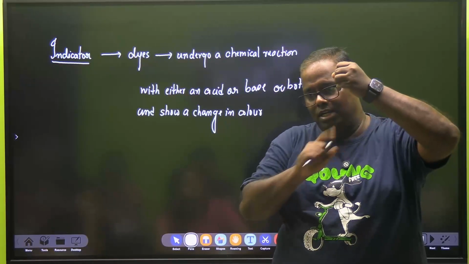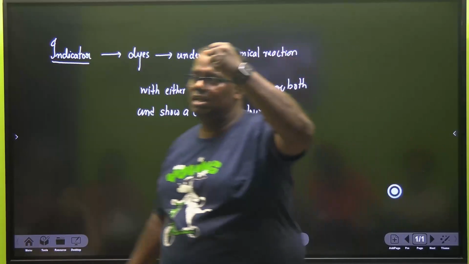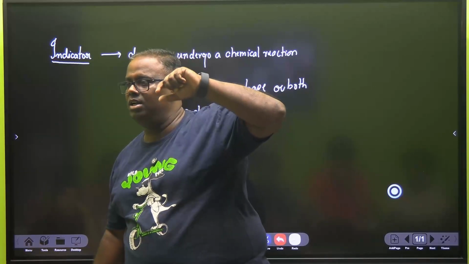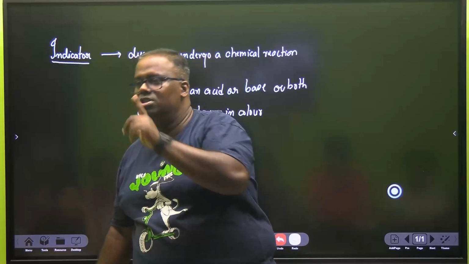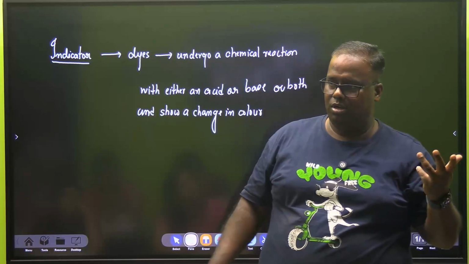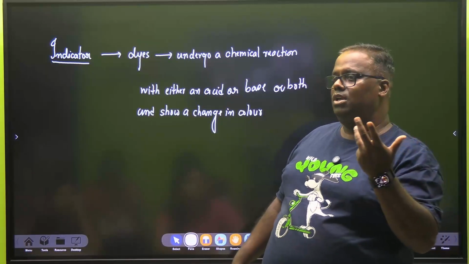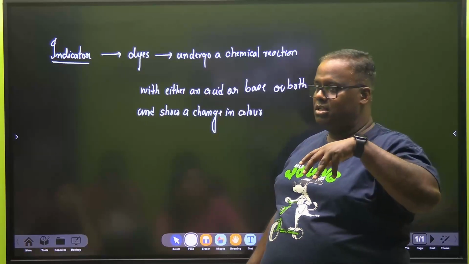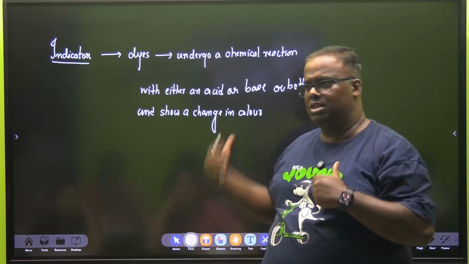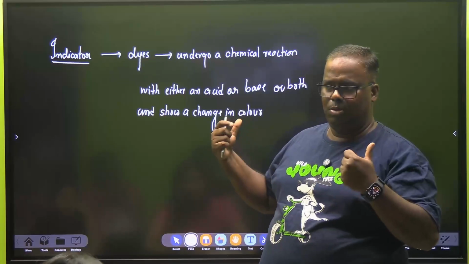There will be a color change. And there are some standard color changes which will help me understand whether the sample you brought was an acid, a base, or neutral. Further, we will study if it is an acid, is it a strong acid? If it is a base, is it a weak base, and so on. Make sense?